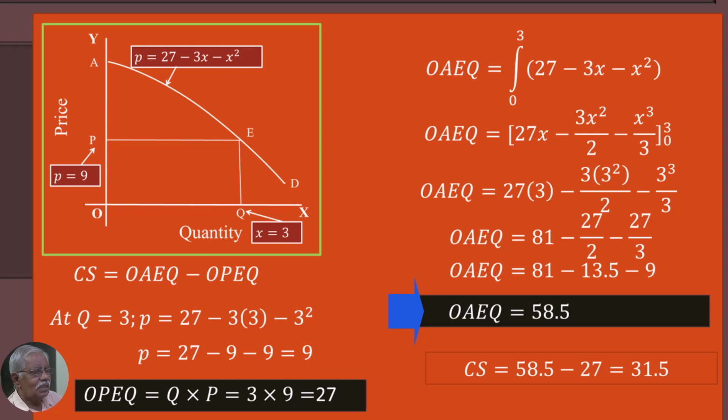This is the amount the consumer is willing to pay. Now we have the two values. The amount the consumer is willing to pay, that is 58.5. The amount the consumer actually pays is 27. Consumer surplus equal to 58.5 minus 27, 31.5. That is consumer surplus.